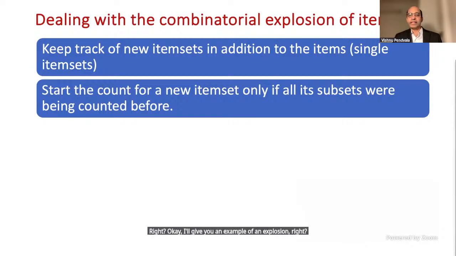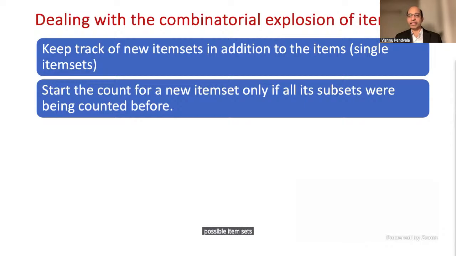So if there were 20 items in the store, and if we counted every set we saw, one market basket of all the 20 items in the store would initiate 2 power 20 possible item sets.